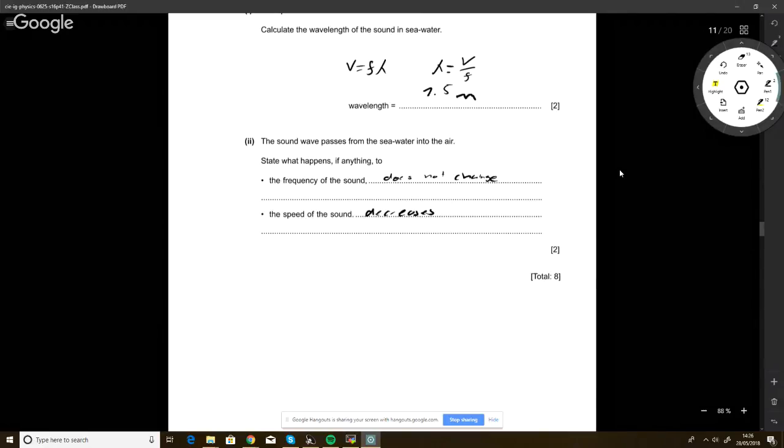A sound wave passes from the seawater into the air. State what happens, if anything, to the frequency of the sound, the speed of the sound. The frequency doesn't change. The reason why the frequency doesn't change is if we look at a point and it's bobbing up and down, right?